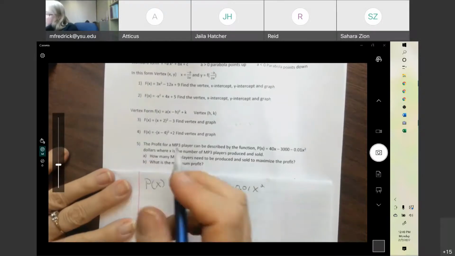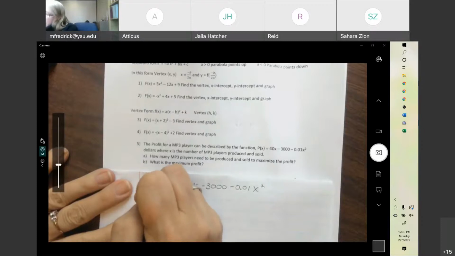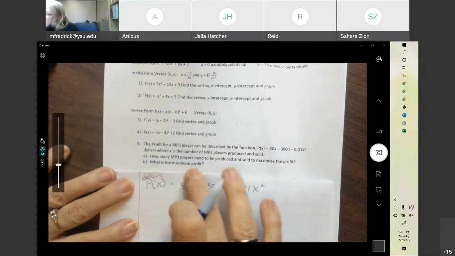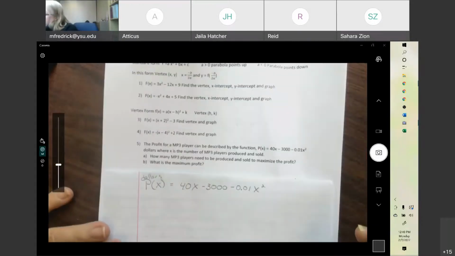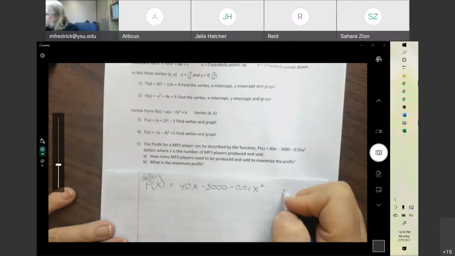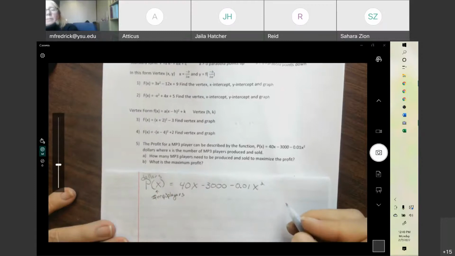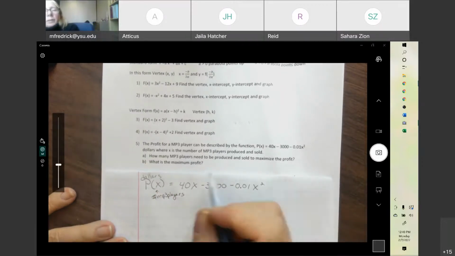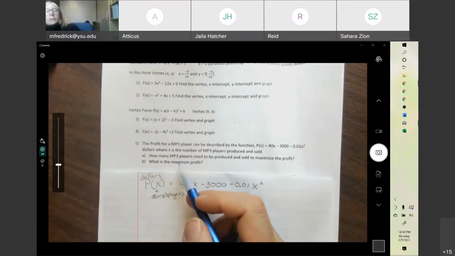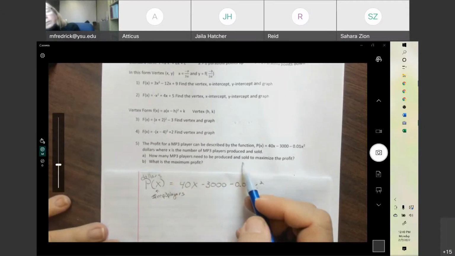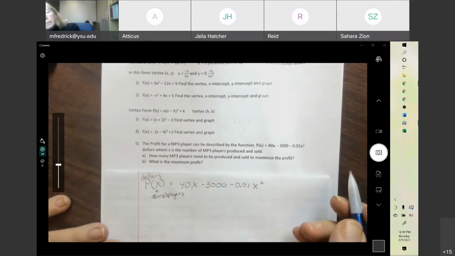So profit is in dollars, where x is the number of MP3 players produced and sold. How many MP3 players need to be produced and sold to maximize the profit?